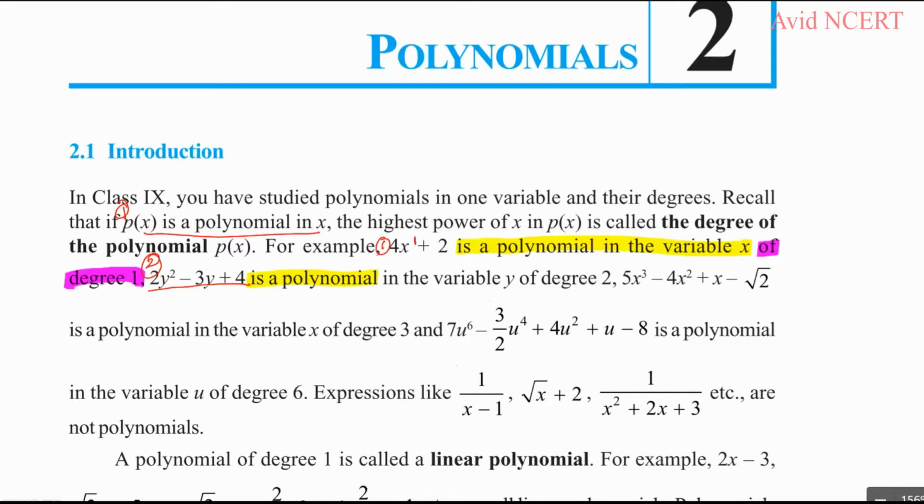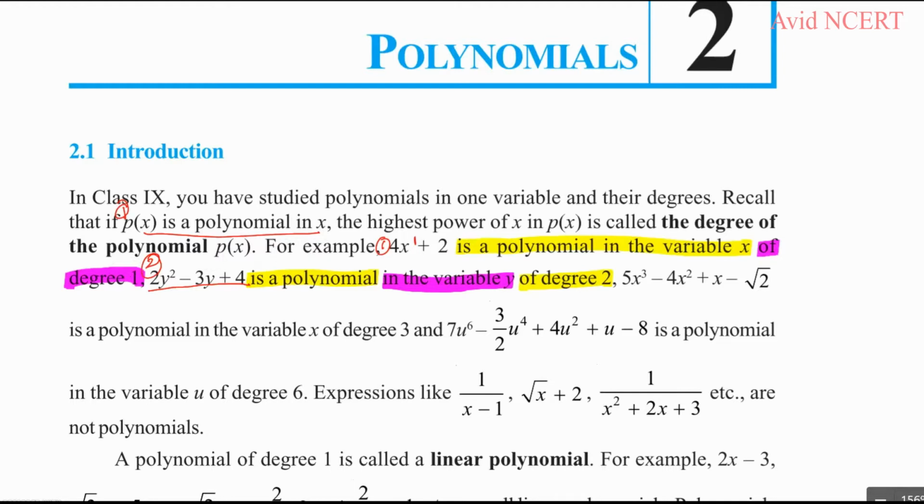Whenever the equation is like this with the powers, then it is said to be a polynomial in the variable y. So this equation is in the variable y, whereas this equation is in the variable x. Next we have to mention the degree, whatever the highest degree is there in the equation, 2. This is how you have to define the degree of polynomial.